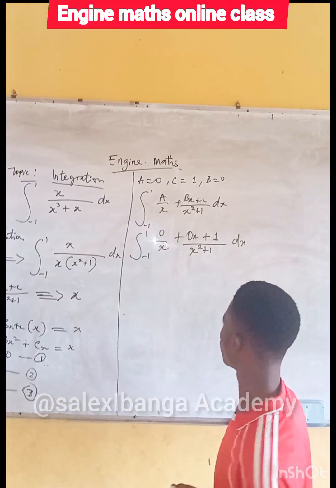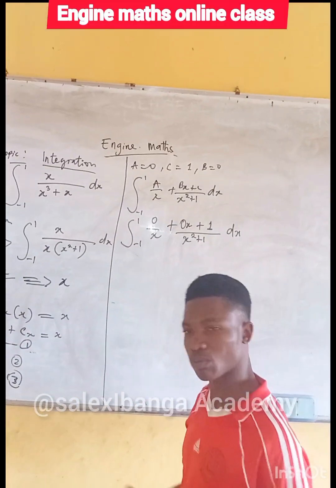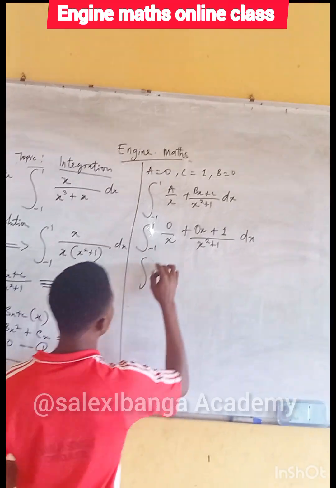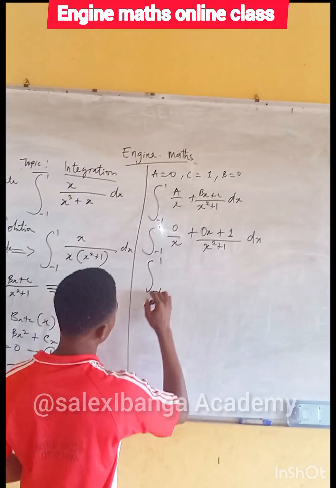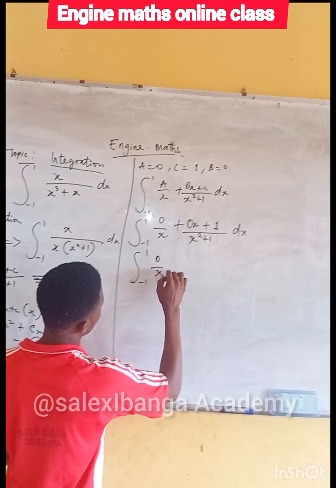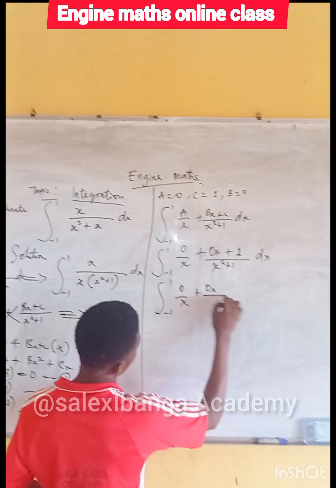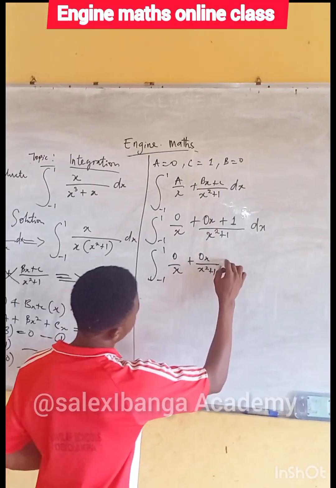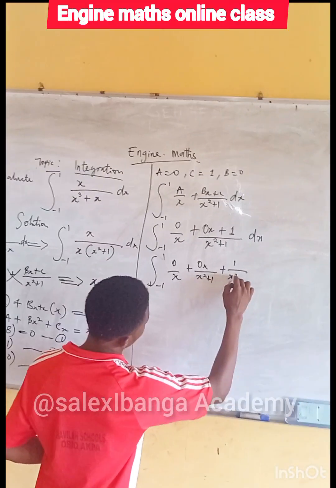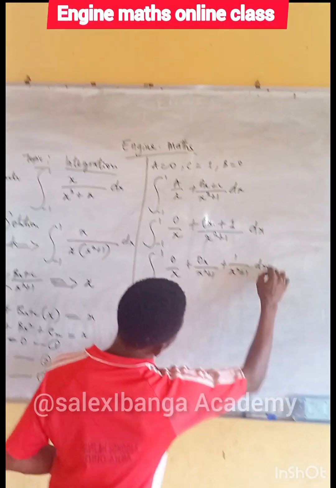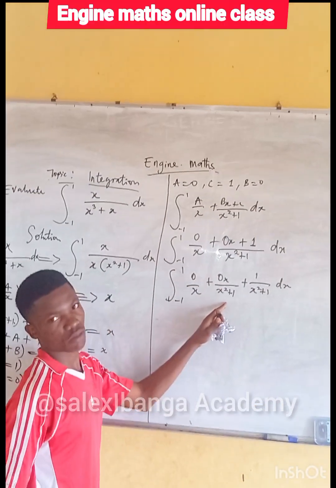My people, this can also be split into the integral from minus 1 to 1 of 0 over x plus 0x over x squared plus 1 plus 1 all over x squared plus 1 dx.